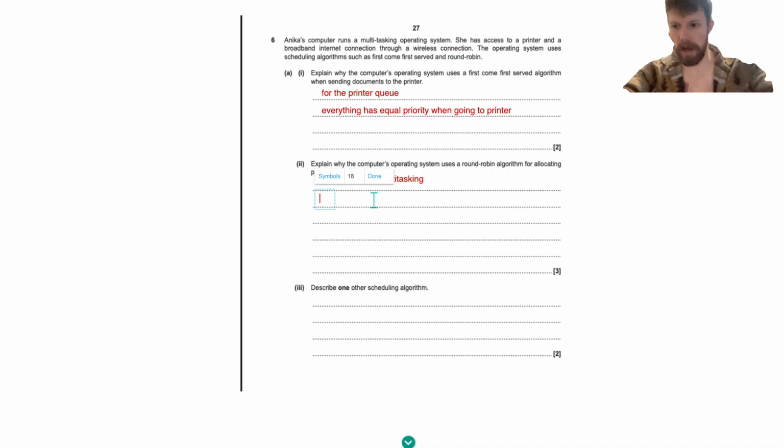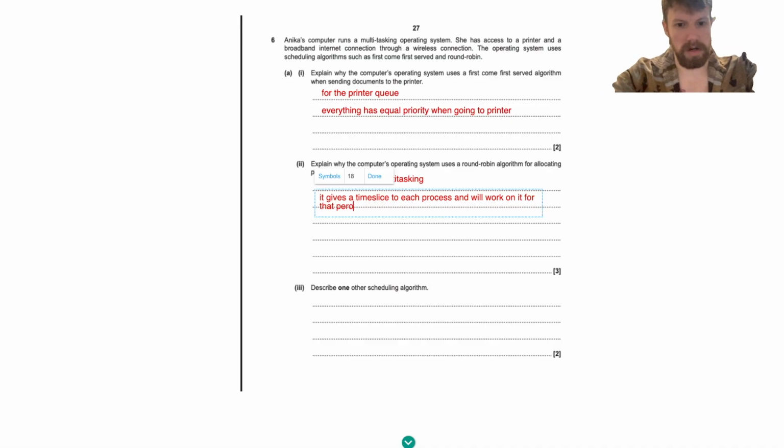I would then go into the point. It gives a time slice to each process, and will work on it for that period of time, and then if it finishes, the task moves on to the next task.